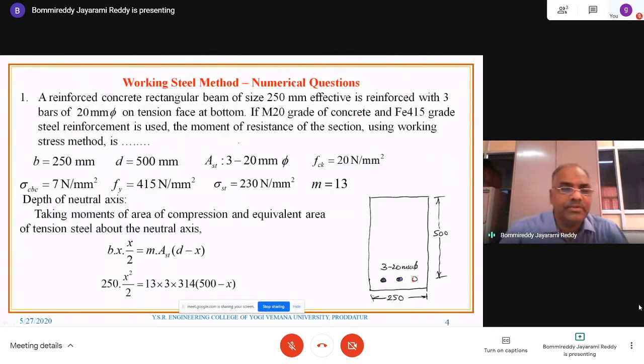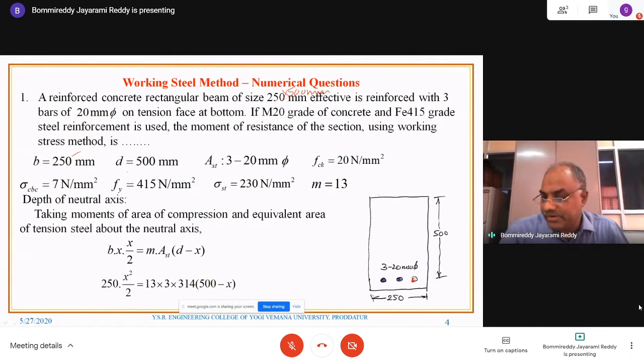Let us look now. A reinforced concrete rectangular beam of size 250 mm by 500 mm effective is reinforced with 3 bars of 20 mm diameter on tension face. You can see the diagram: 3 bars of 20 mm on tension face, width is 250, effective depth is 500 millimeters.